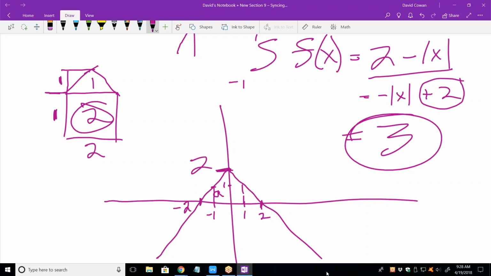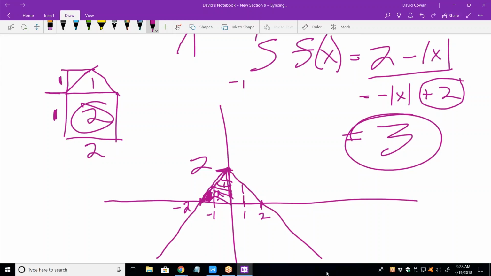Now, another way I could have done it that maybe would have been a little easier is to take the area of that triangle and subtract the area of that triangle. That gives me the area of this, and then just double it based on symmetry.